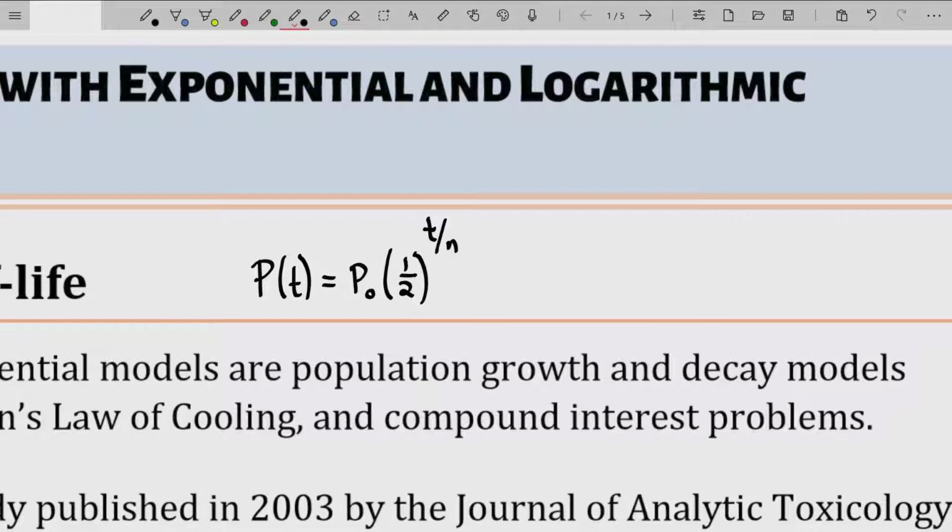So if I told you the half-life of some isotope of plutonium was 1,000 years, then it would be P naught, whatever your initial population was, times one-half raised to the t over 1,000. It reduces by half per 1,000 years. That's really how all half-life problems work.